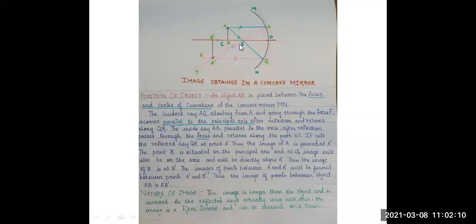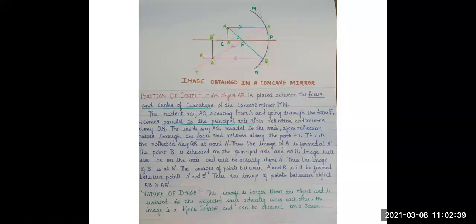If an incident ray passes through the principal focus of the mirror, the reflected ray is parallel to the principal axis. I hope you people are finding it easy to understand. No need of memorization. As you understand those three rules, you can easily formulate this diagram.